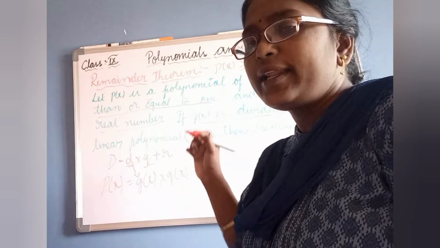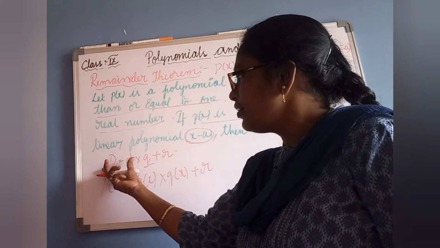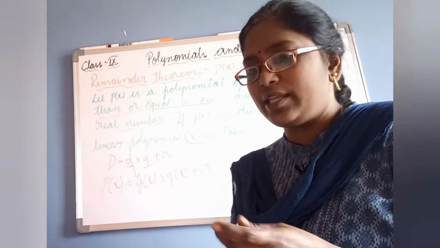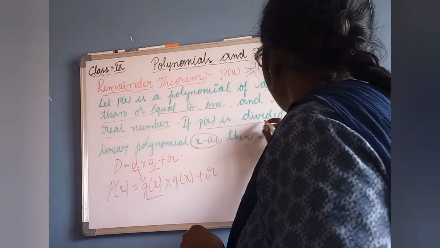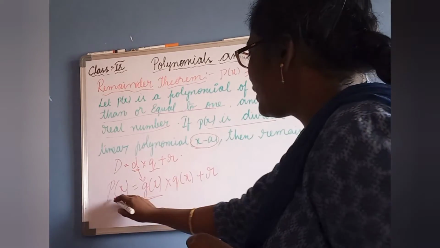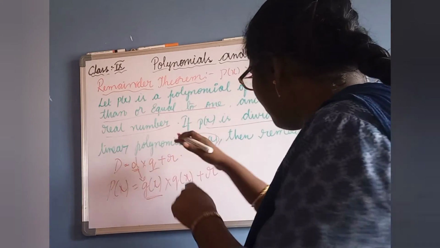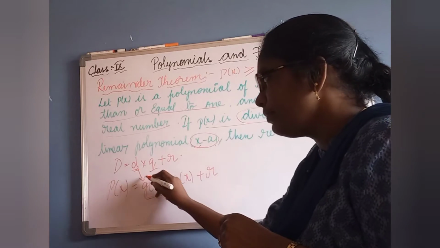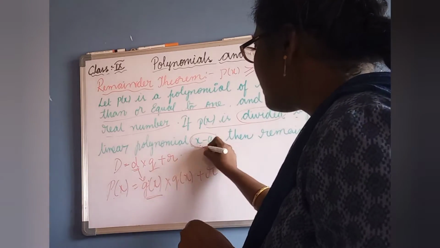This is the equation relating to the division algorithm theorem. Here, p of x is divided by the linear polynomial x minus a, so g of x will become x minus a.